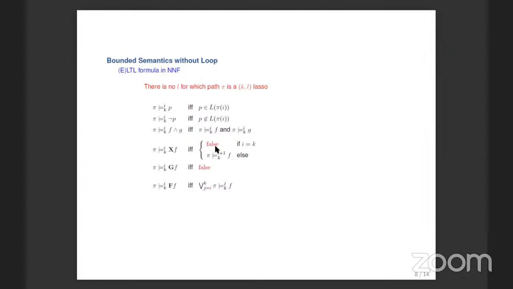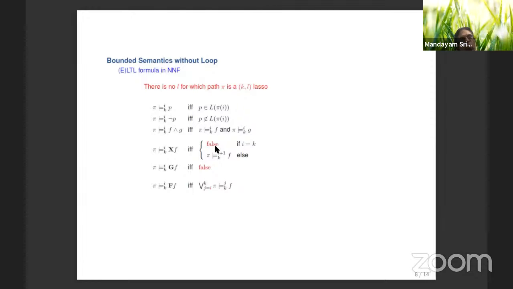The false should be interpreted as I don't know. If it is false, then you should usually interpret it as I don't know.